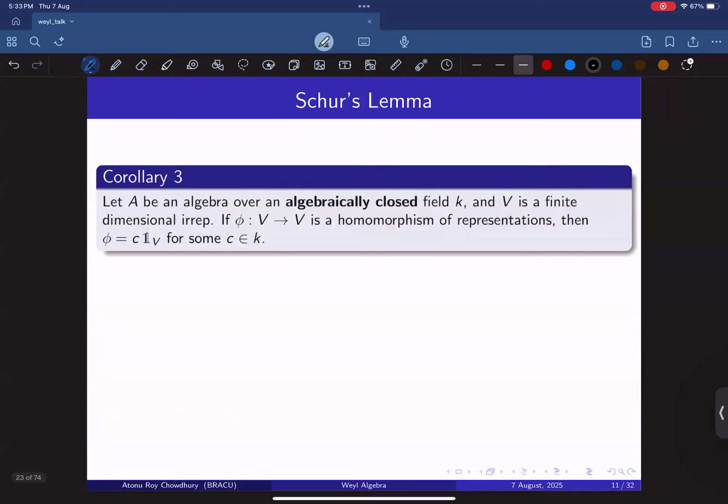We have a corollary of Schur's lemma that says, let's say phi is a homomorphism of representations, where V is a finite dimensional irreducible representation. We call an irreducible representation an irrep for short. In that case, a homomorphism of representations from V to itself has to be equal to some constant C times the identity operator.